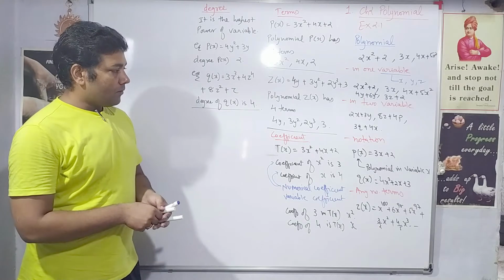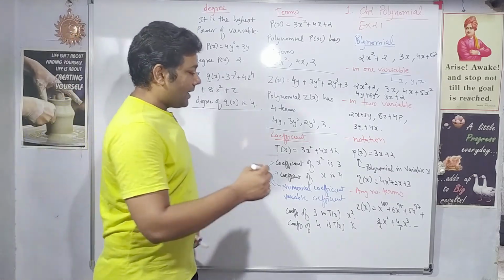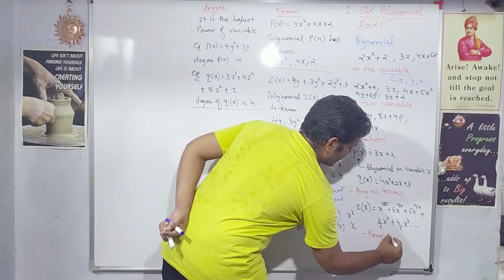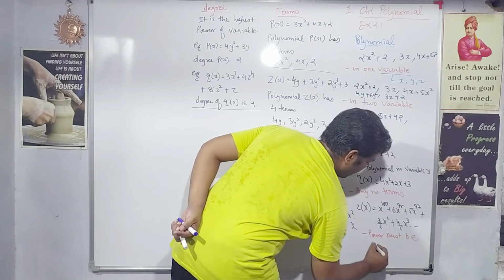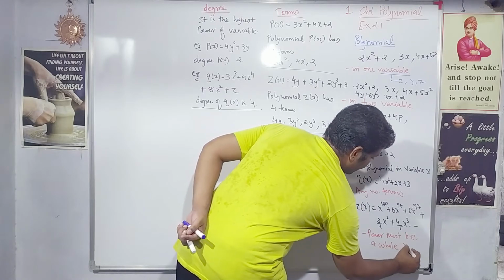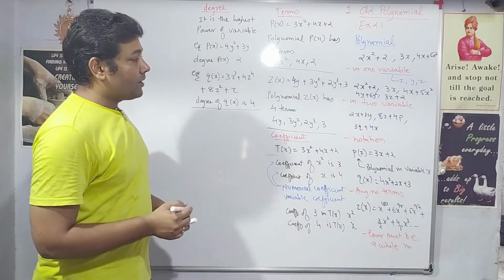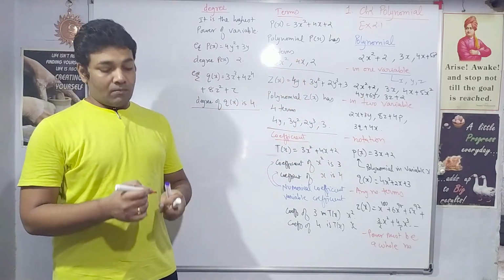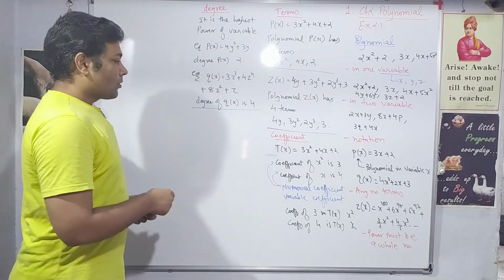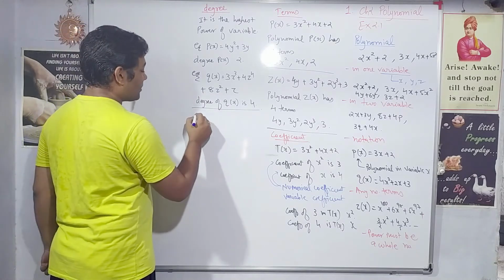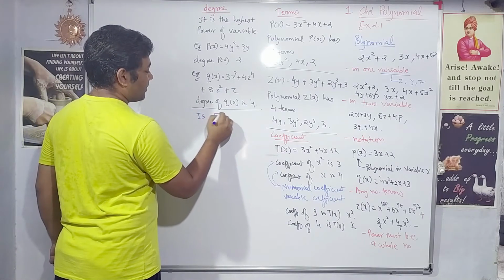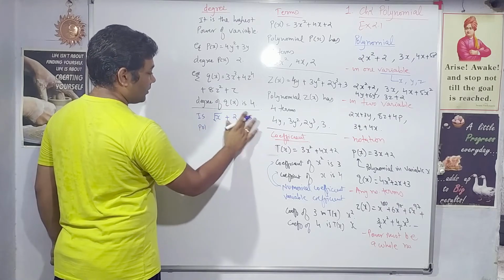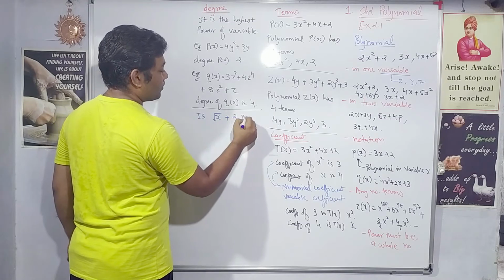Now in the polynomial, one more thing is to be added: in a polynomial, the power must compulsorily be a whole number. Power can never be a fraction. In the examples I have taken, the powers are all whole numbers. So let us take a question. Is square root of x plus 2 a polynomial?